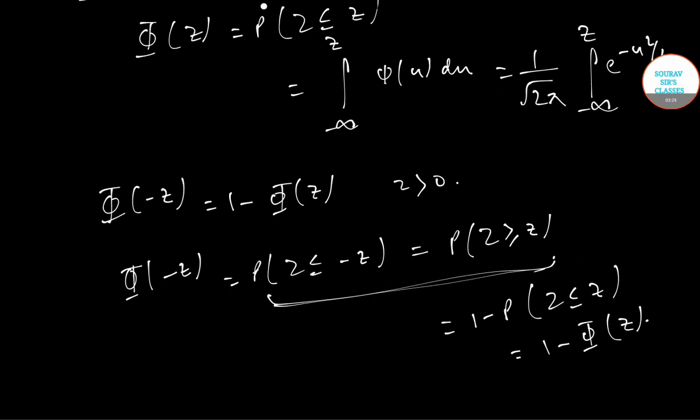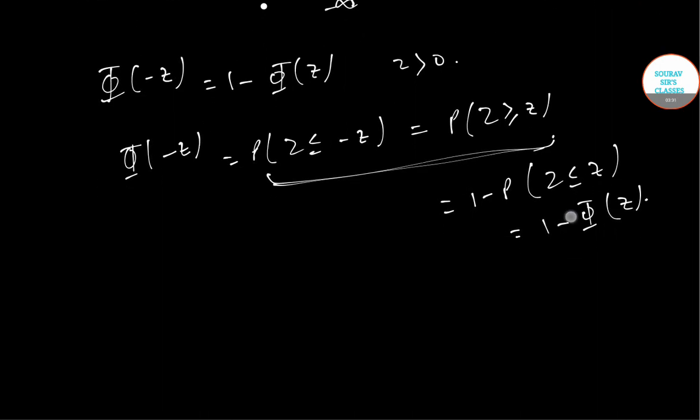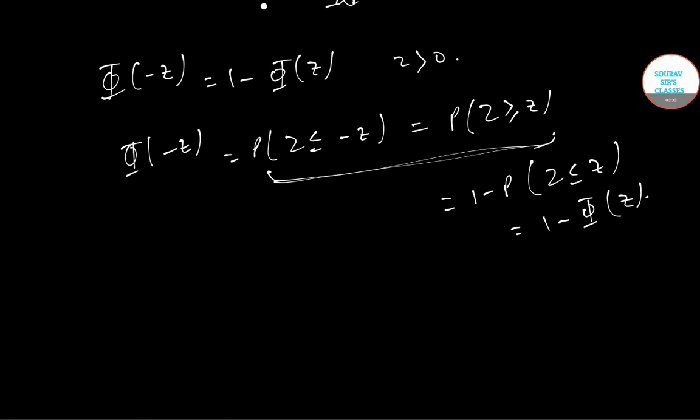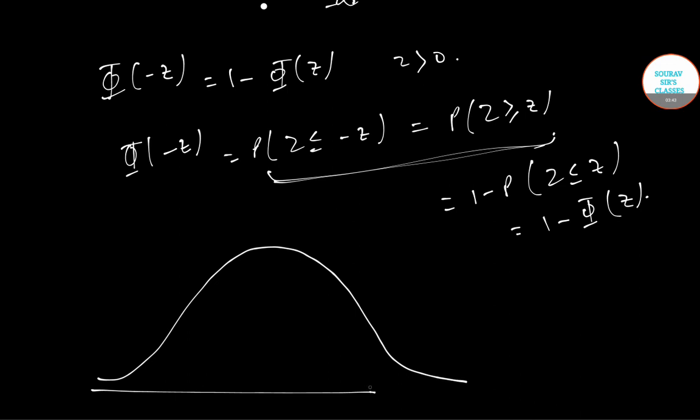Now, moving on to the characteristics of the curve. So the normal curve is like this. It is bell shaped and is symmetric.